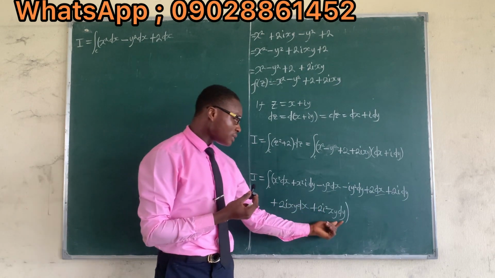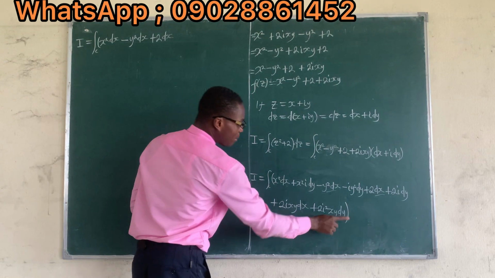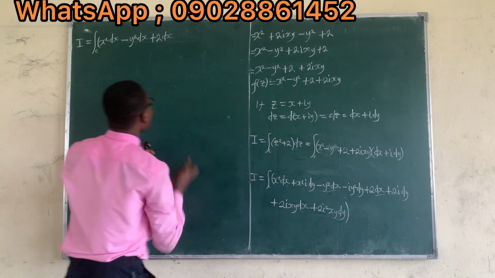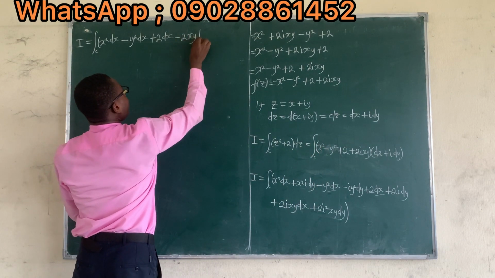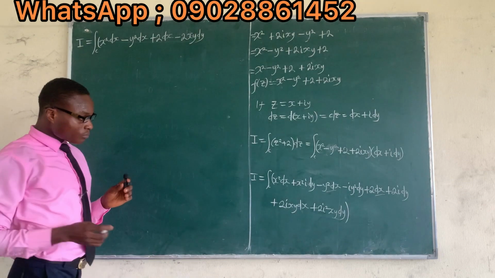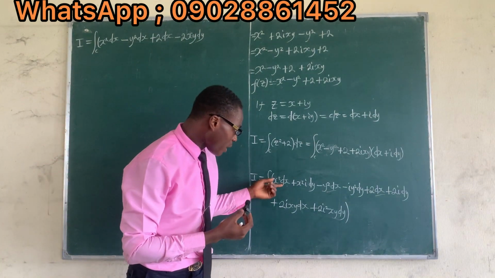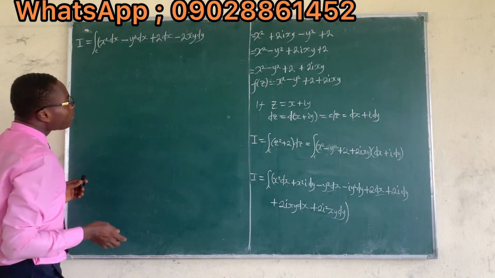So this part is also real, because if you multiply by -1, you're going to have -2xy dy minus 2xy dy. So we are done with separating the real parts. One, two, three, four. So let's go for the imaginary parts.